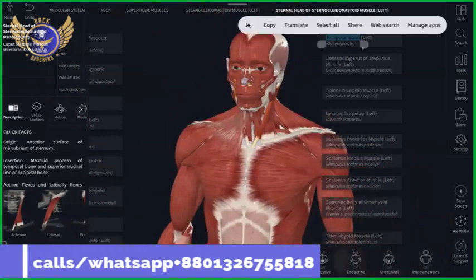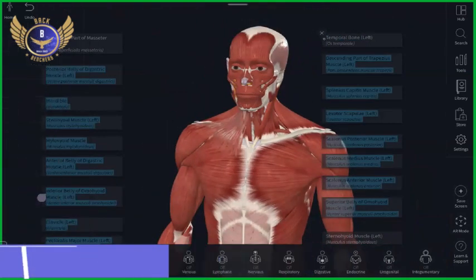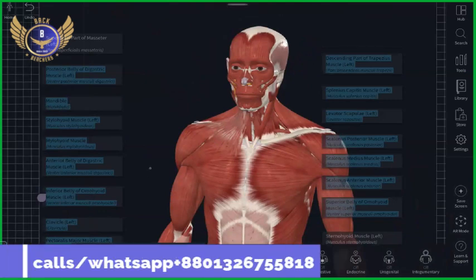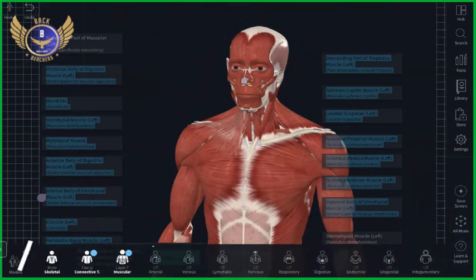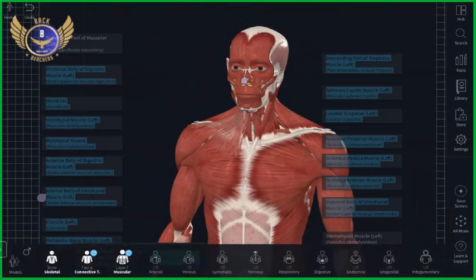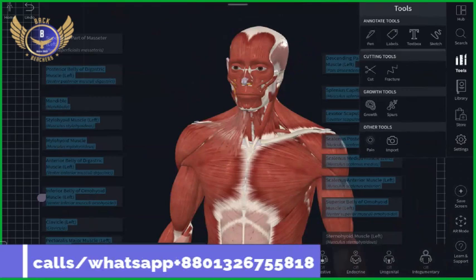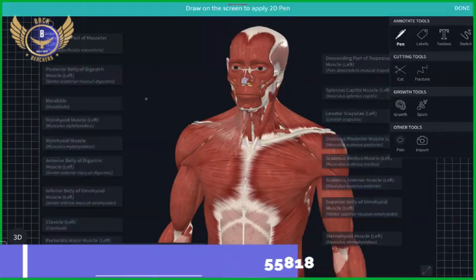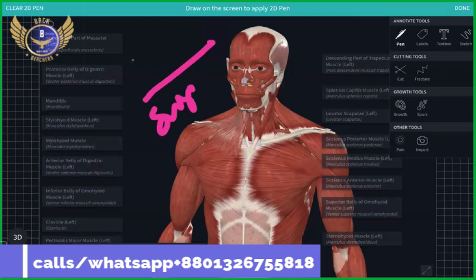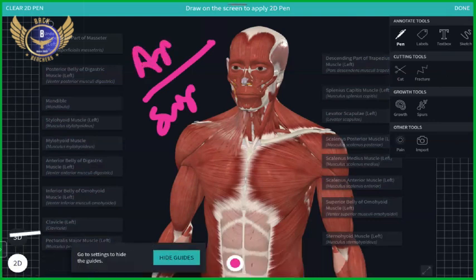In fact, sometimes you will see, and remember one thing, that this is surgical anatomy. There is a beautiful fine line between surgical anatomy and basic anatomy.